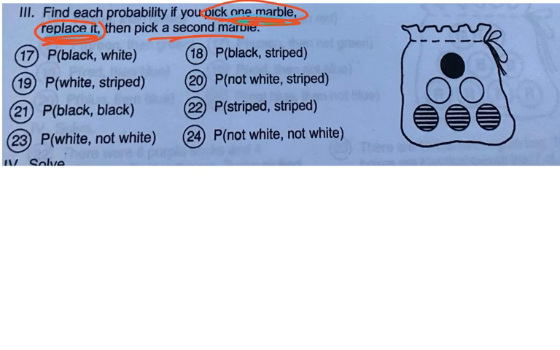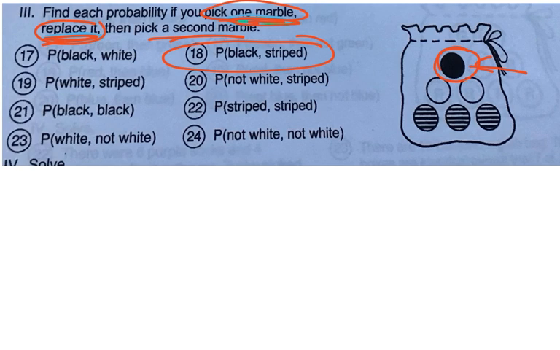Let's say I want the chance of getting a black and a striped. Well, notice over here, I have one black. Now, these are all going to be mixed up, not neatly stacked in there, by the way. And we're not going to cheat and look as we're reaching in this bag, okay? All those marbles are actually mixed up nicely. Keep that in mind.